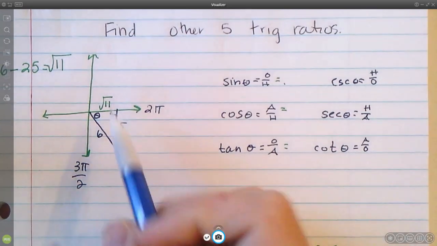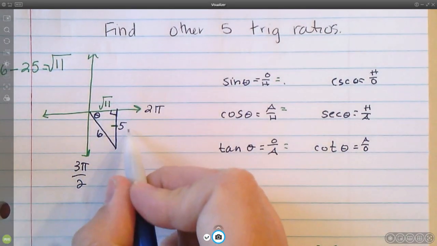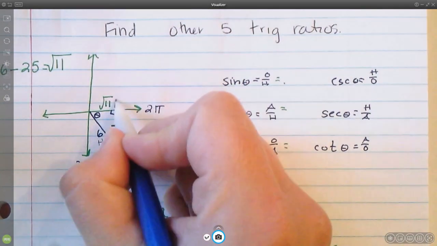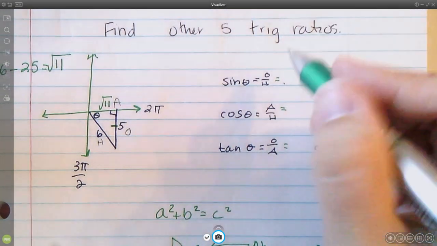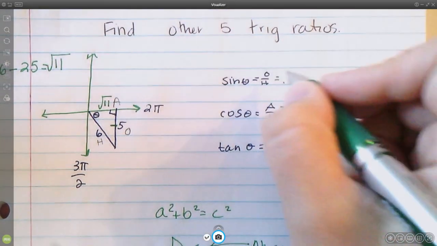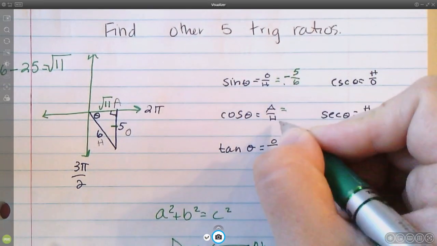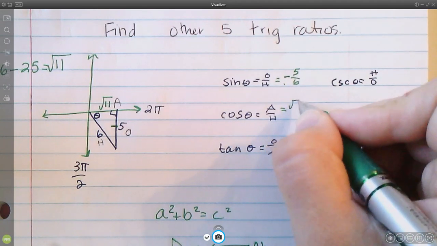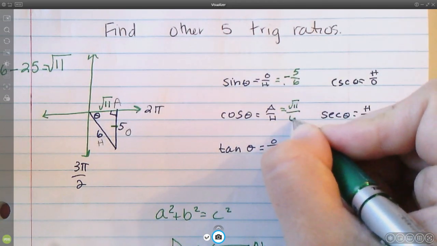So let's see. If this is theta, your reference angle, this -5 is opposite, the 6 is your hypotenuse, the square root of 11 is your adjacent. So O over H, opposite over hypotenuse, is going to be -5 over 6. Cosine is A over H, so that's the square root of 11 over 6.